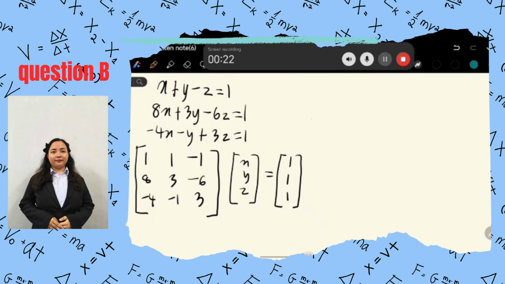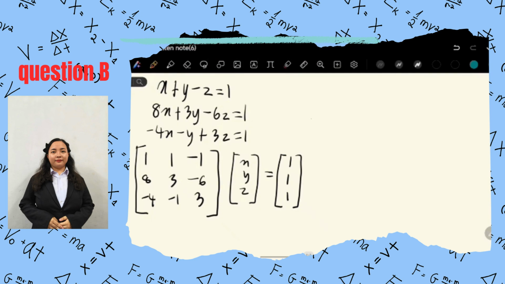Given 3 linear equations, first we need to move them into columns, where the first column is x, the second is y, and the third is z. Next, we need to put the coefficients and the answers like this.